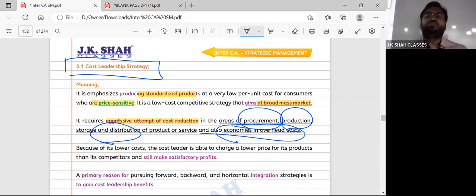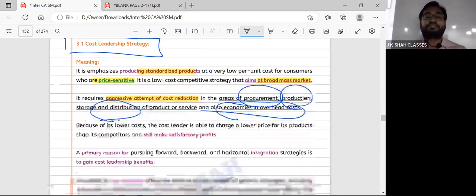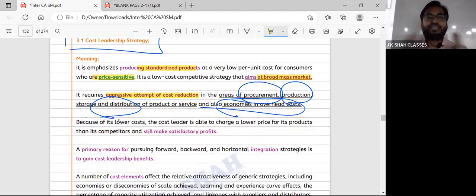You will try to reduce your cost. I gave you that example of 100 rupees, you are reducing your price. Look at this. Because of the lower cost, the cost leader is able to charge a lower price and still make satisfactory profits.